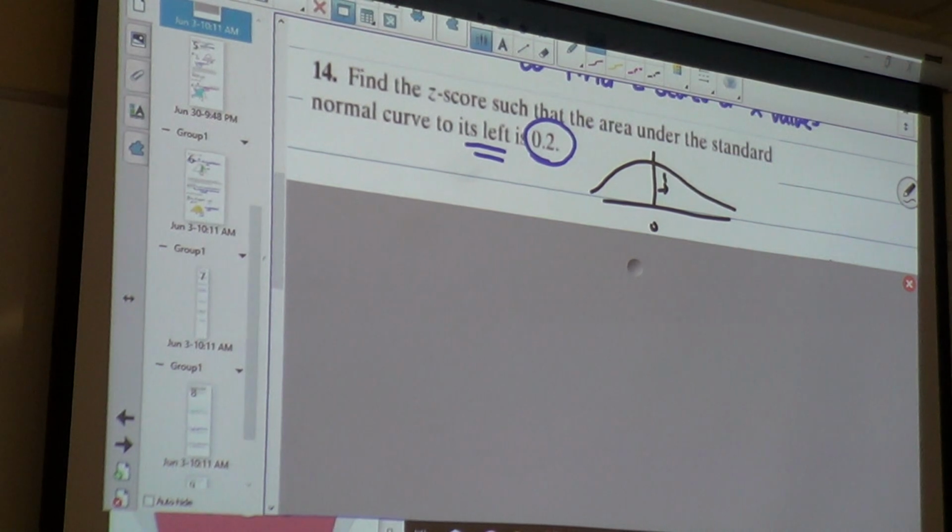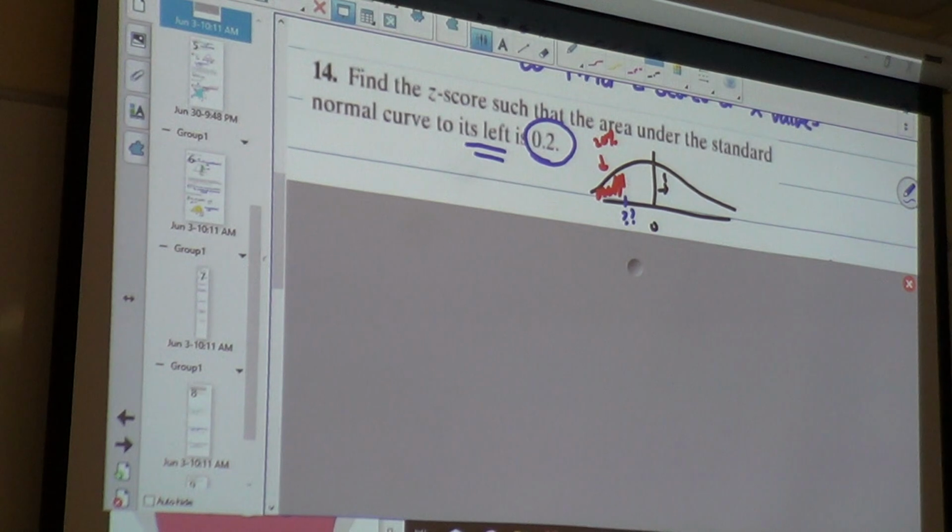Don't have a mean and a standard deviation. They are telling me that the area to the left is 0.2, which means it's like 20%, which means it's really nothing. And we want to know the z-score.